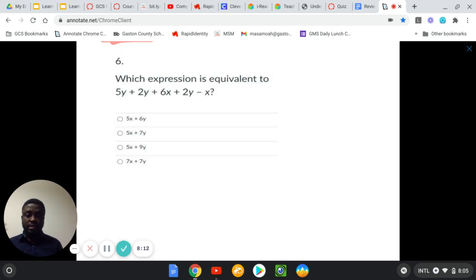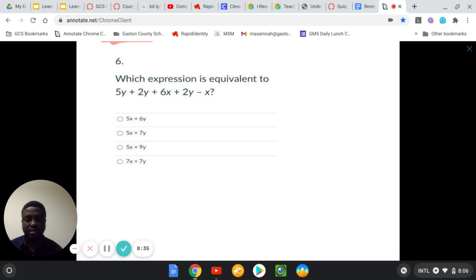Question number 6 is about grouping like terms. You have to find which expression is equivalent, meaning we have to add the like terms. Remember I told you that two unlike terms cannot be added or subtracted easily.